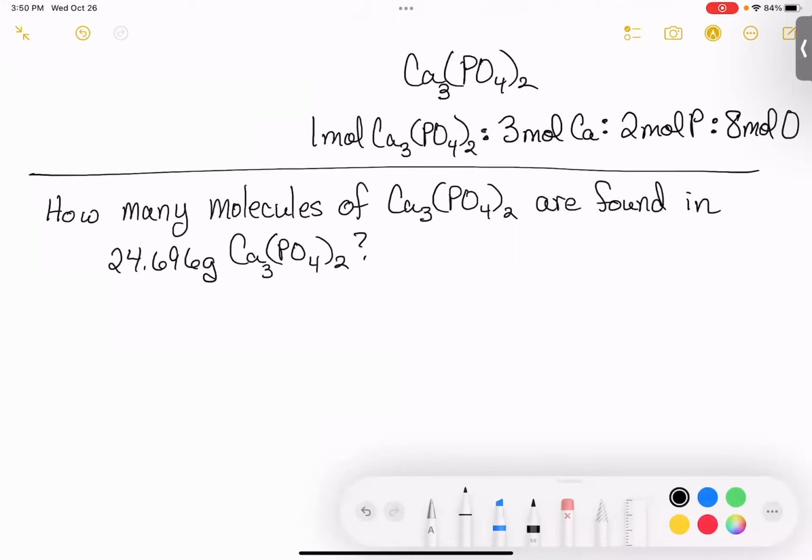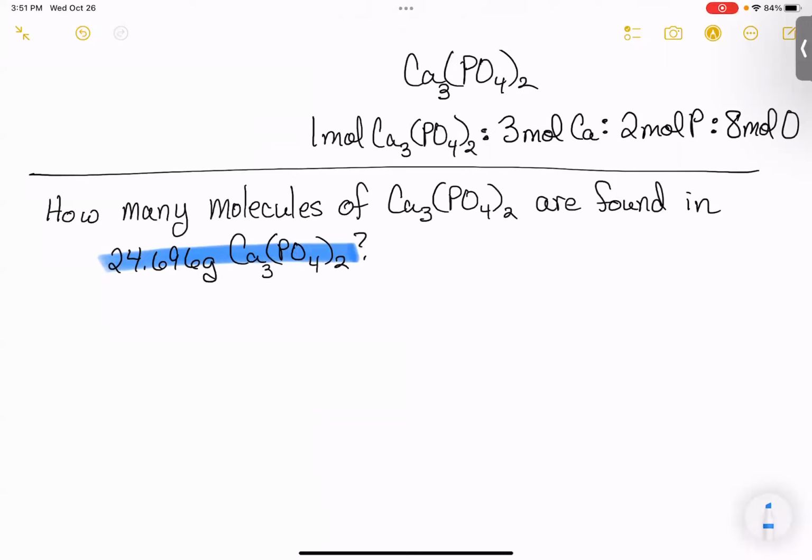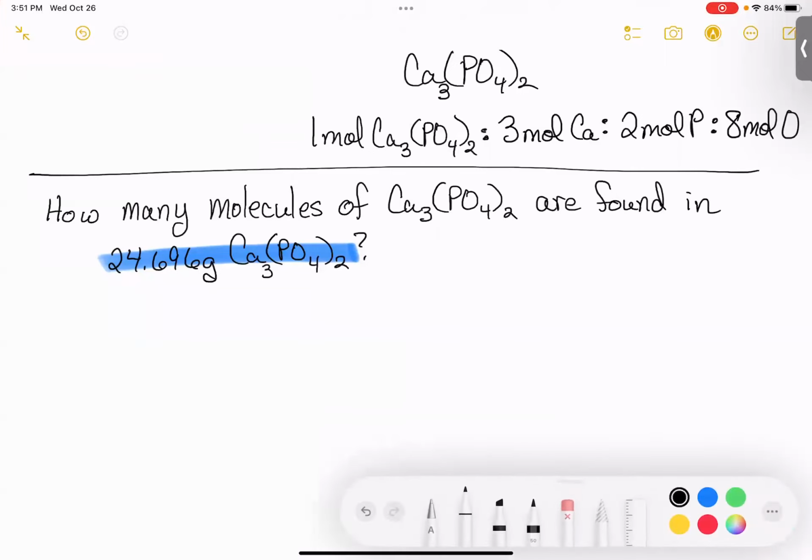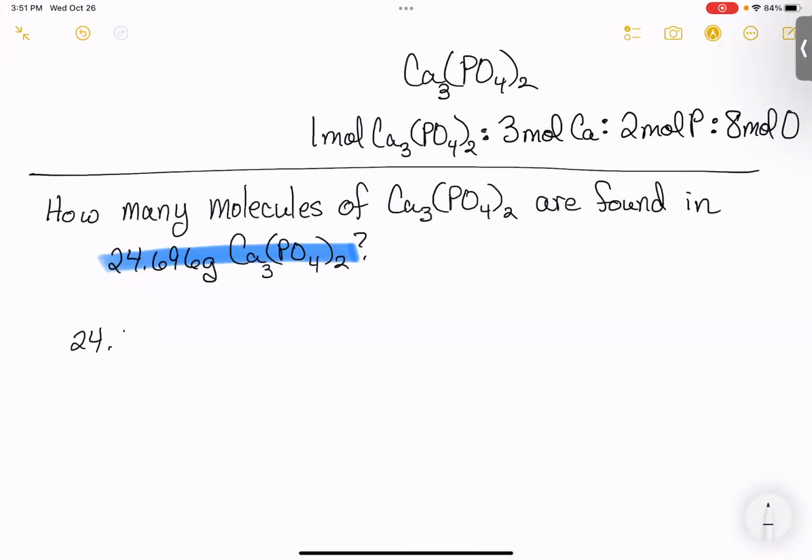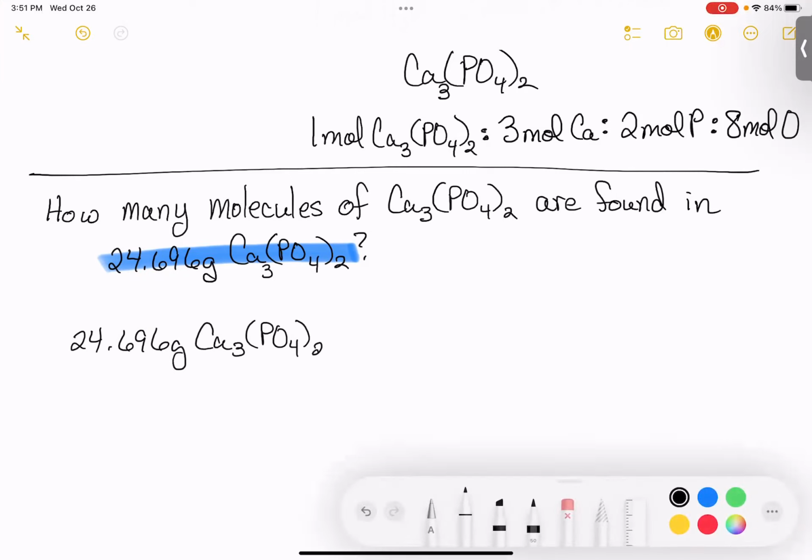Step number one, I'm going to identify what I was given. I was given 24.696 grams of calcium phosphate. Next, I'm going to identify what I want to solve for.